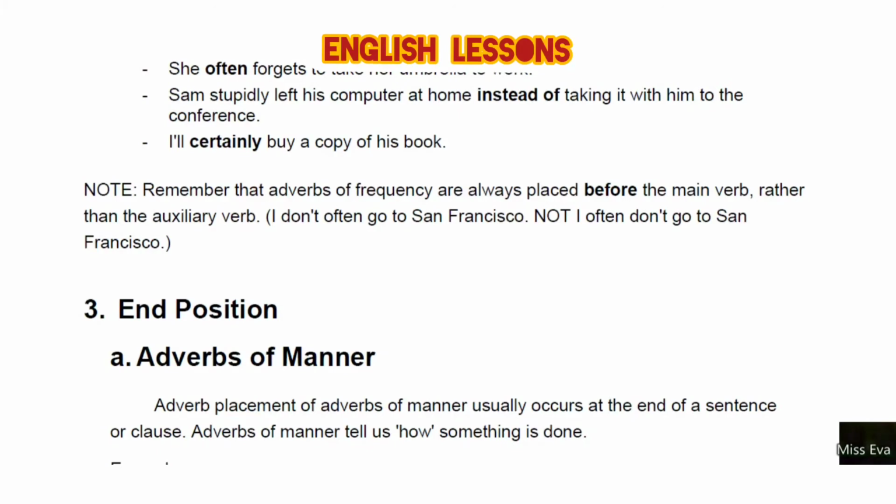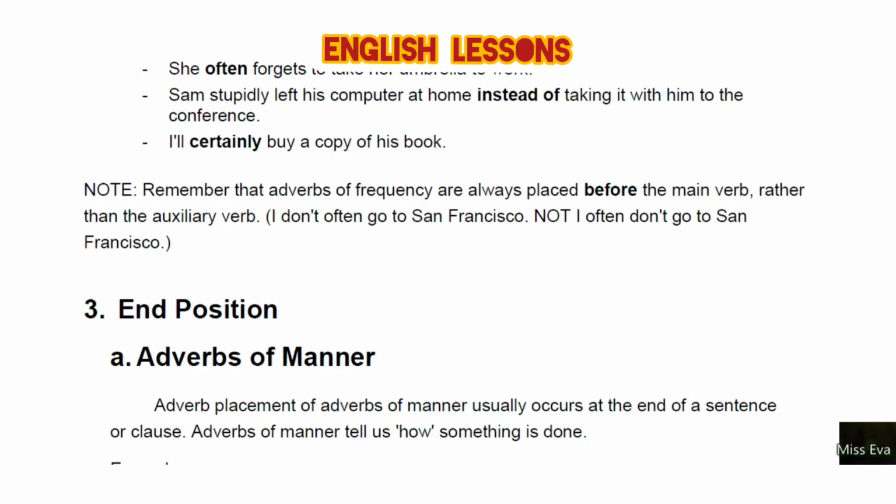I don't often go to San Francisco. So after the auxiliary verb, do is the auxiliary verb. Not "I often don't." If there is an auxiliary verb like will or do, we put the adverb after it. We don't say "I often don't." Just put the auxiliary verb first.